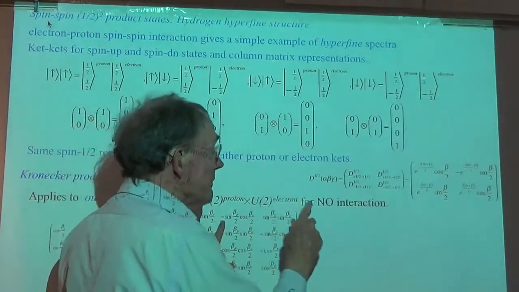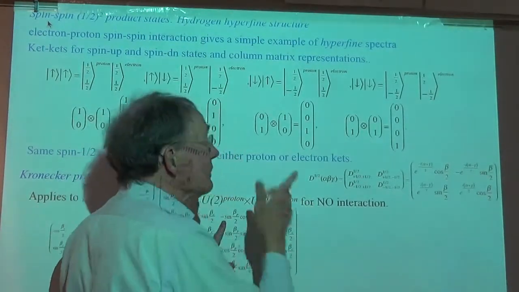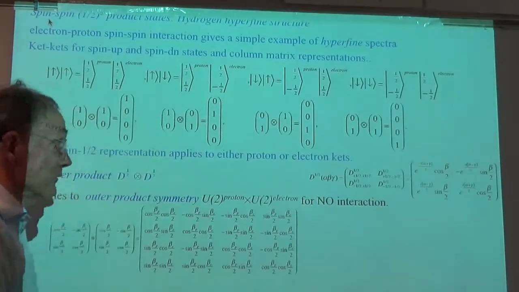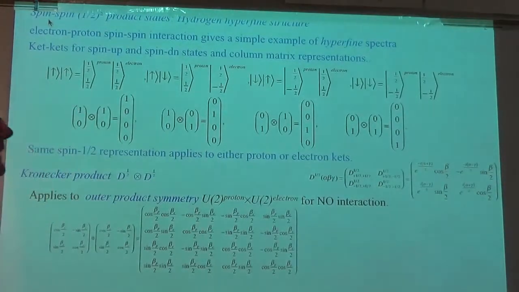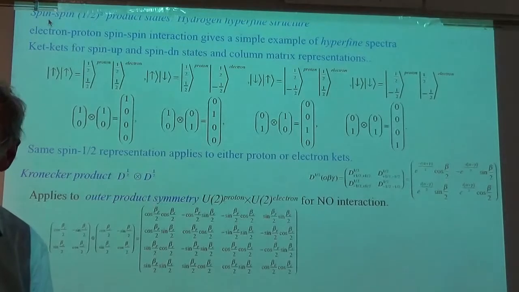Now this is only a symmetry if there's no interaction between those two. And we know there is. There's a big interaction. The Fermi contact interaction is enough to make the 21 centimeter line that we use in astronomy to tell how much atomic hydrogen there is.